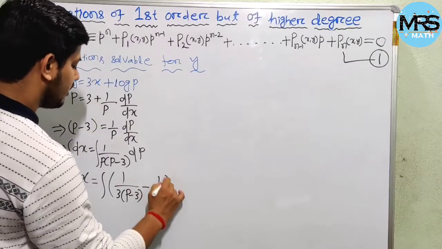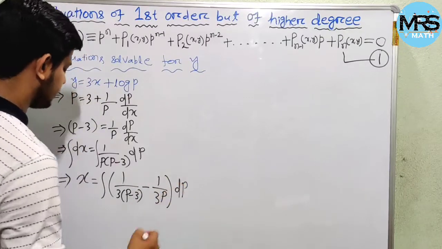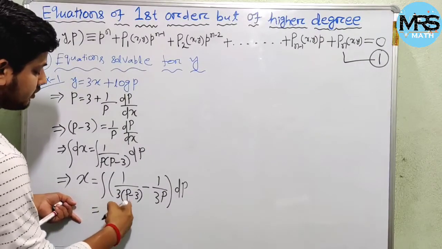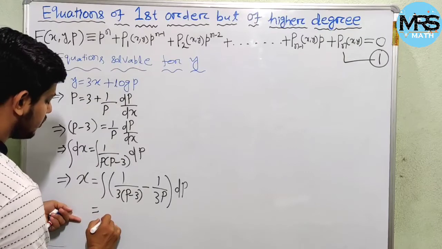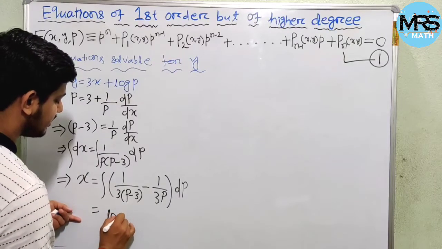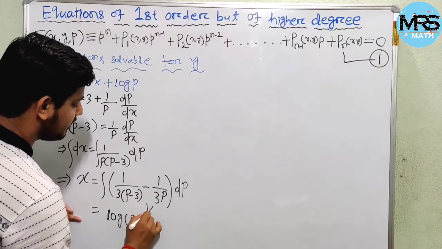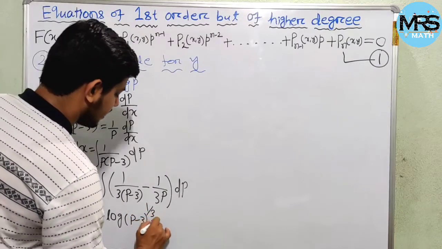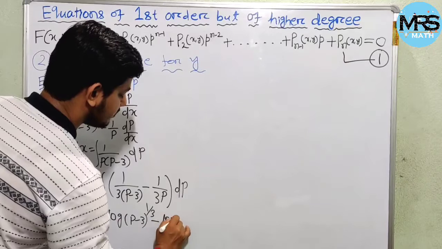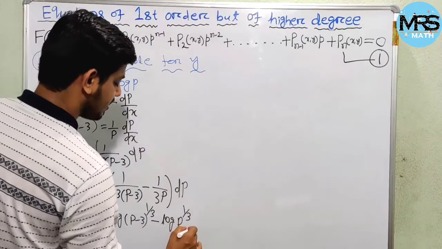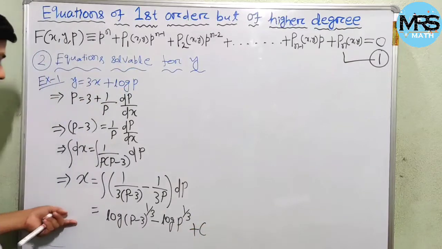Then we get 1 by 3 into log of p minus 3, minus log of p to the power 1 by 3, plus some constant.